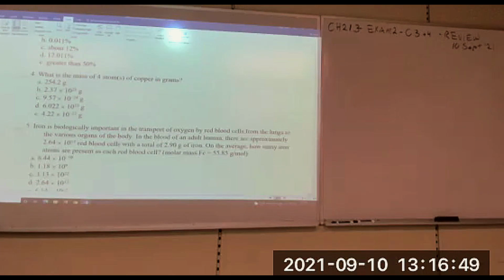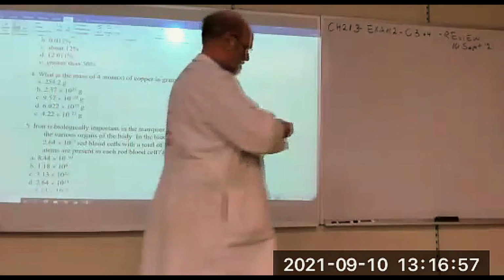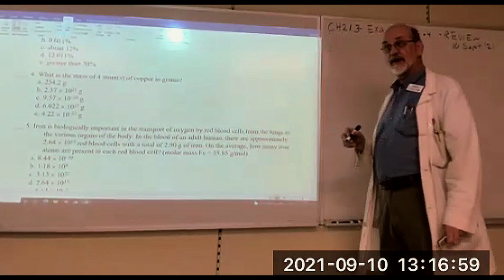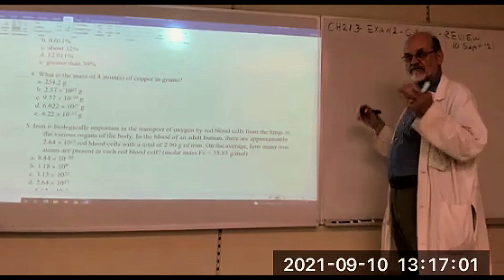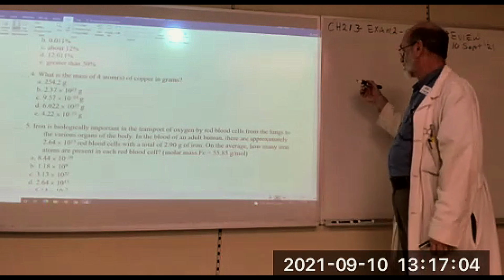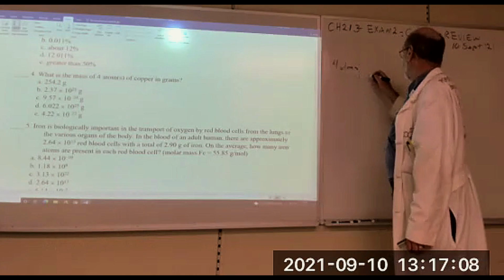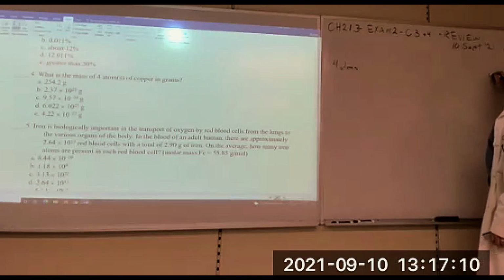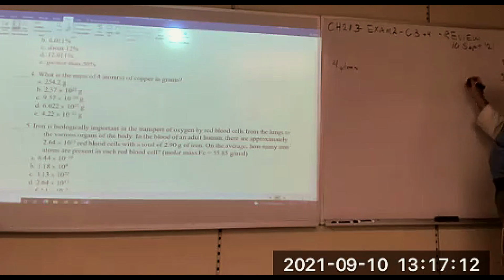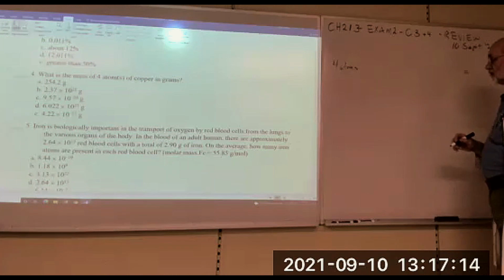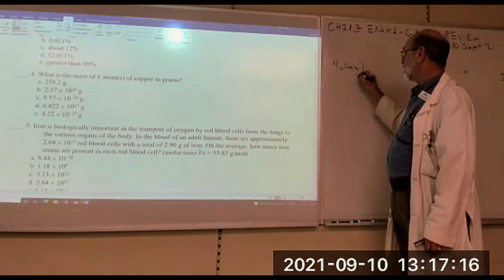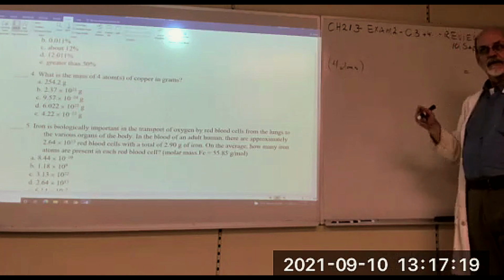Can you calculate the mass of 4 atoms of copper in grams? How would we do that? Well, this is dimensional analysis, right? You don't even have to know chemistry to get this one. 4 atoms, and we want grams, right? Okay, what do you need to know to get to grams?